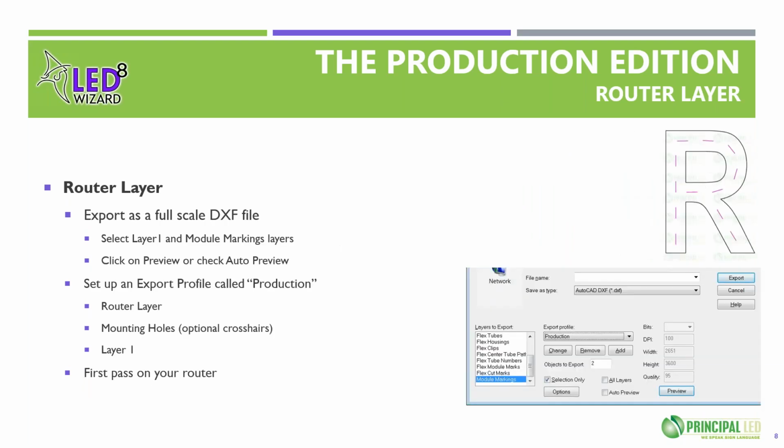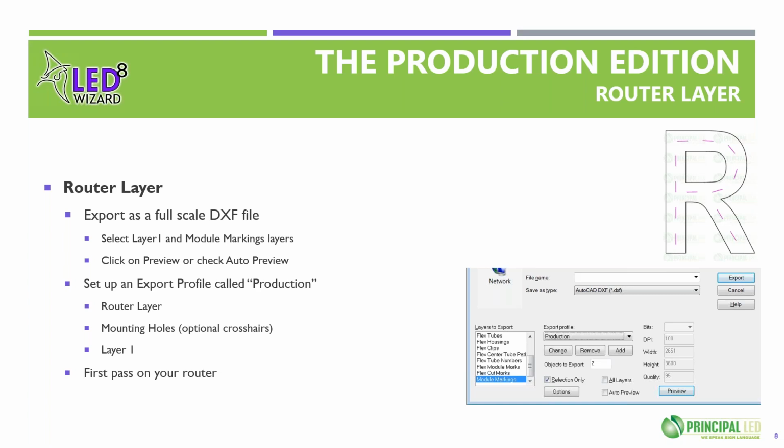And then when you go to export, this is a snippet of the export dialog box. Normally this is a full-scale DXF. It could be an AI or an EPS, but most machines take a DXF.